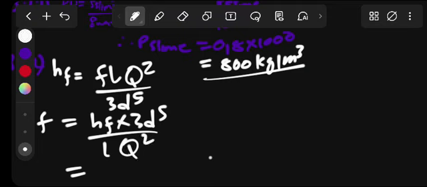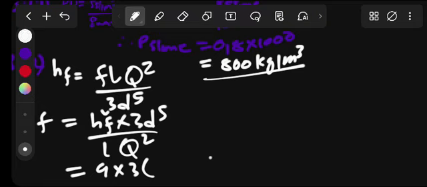So let us try this one. F, say it is 9. This one is 9 multiplied by 3. The diameter, what is the diameter?